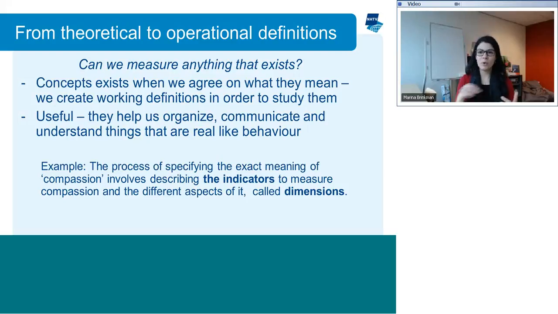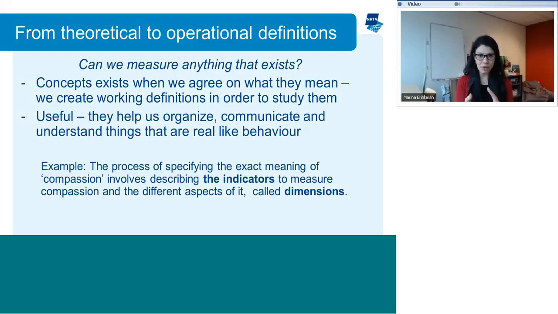And when we agree on what they mean, we create those working definitions, as they're called, in order to study them. Well, thank God, scientists create those working definitions and report in papers about them. So when you and I read about them, then we share this agreement on what those concepts mean.